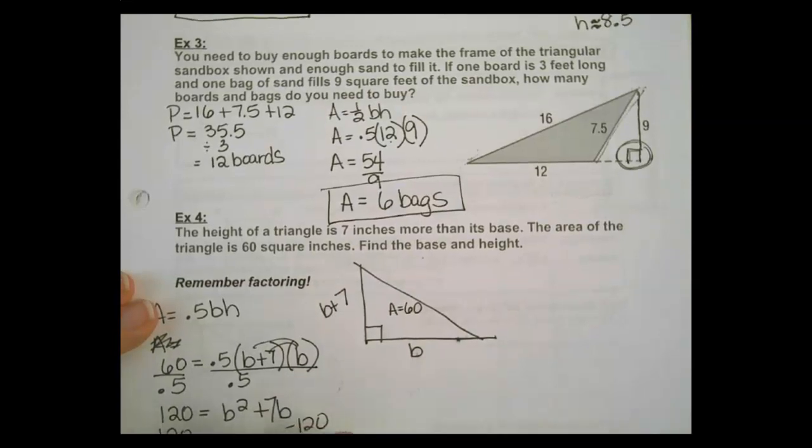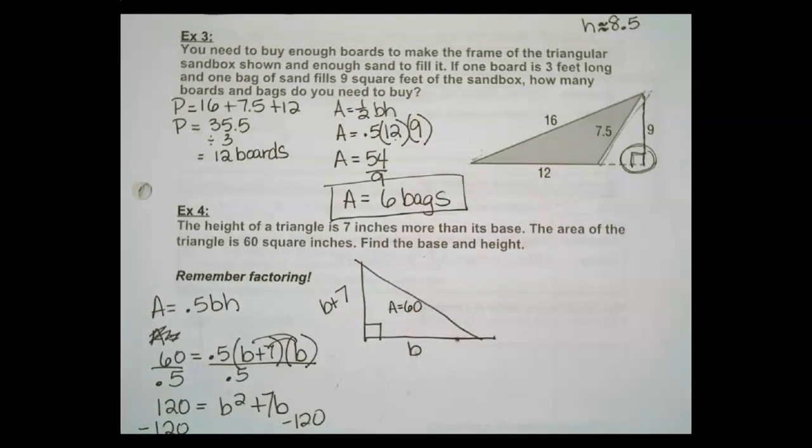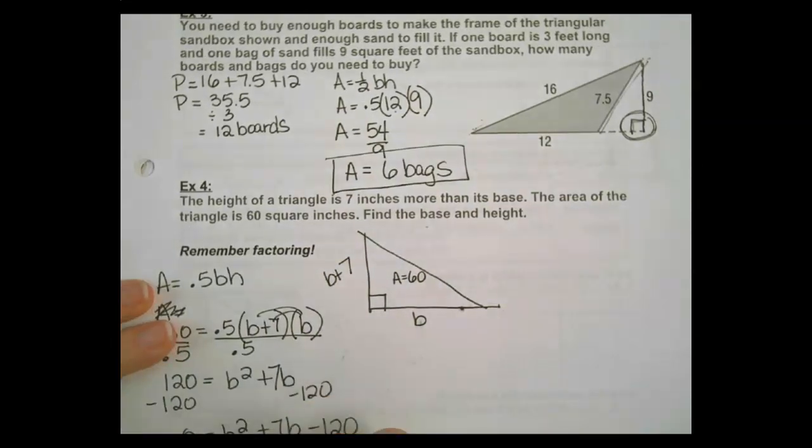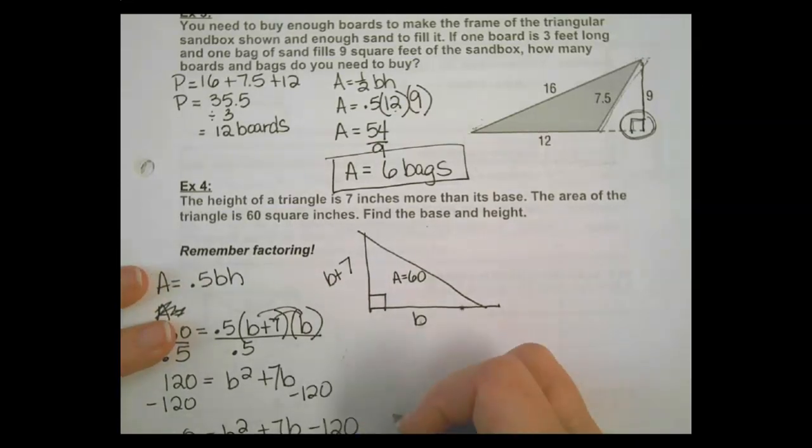So 0 equals b squared plus 7b minus 120. And then if you can remember, you multiply these two together. Oh my goodness. This guy comes up front. This guy's at the end. What factors of 120 when added equals 7b?